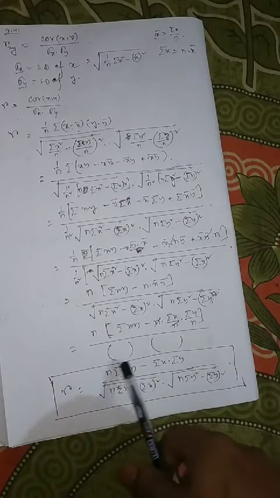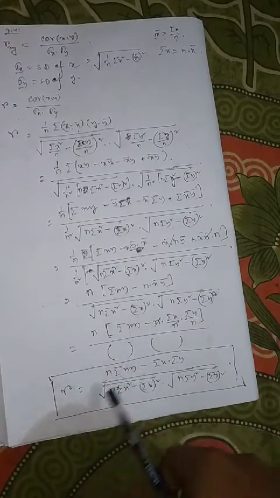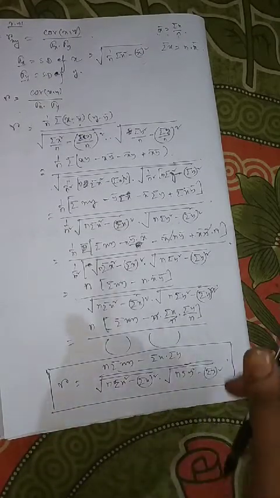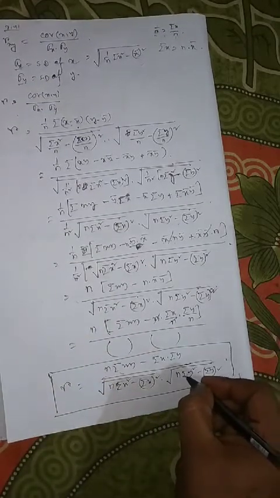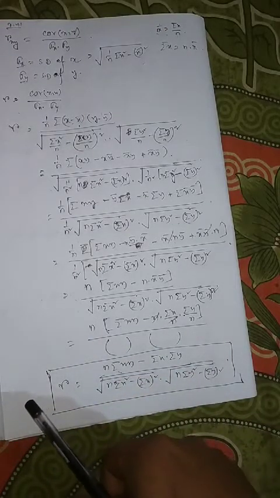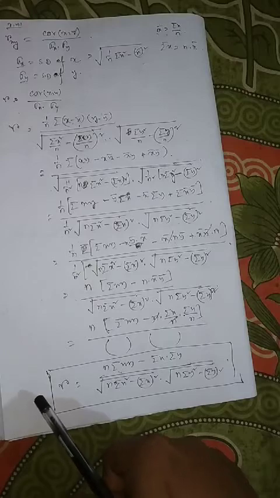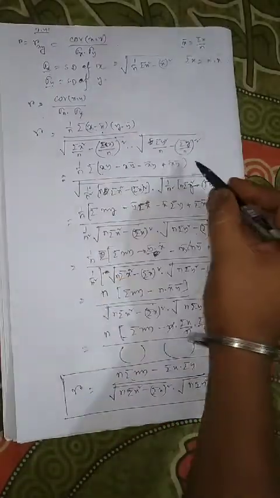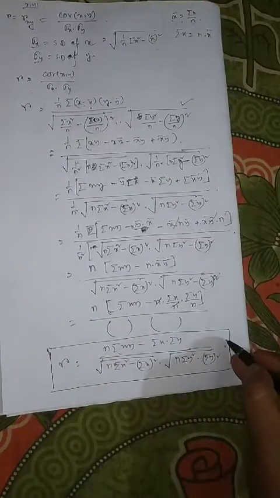Also multiplying these two parts, we will get the summation of xy. Also we will get summation x square and summation y square, and n is the number of observations. So in this way we can easily find the correlation coefficient from given data. Okay, so we can use this formula.